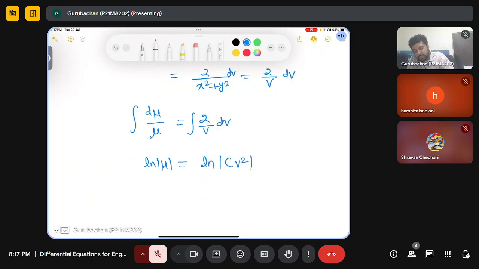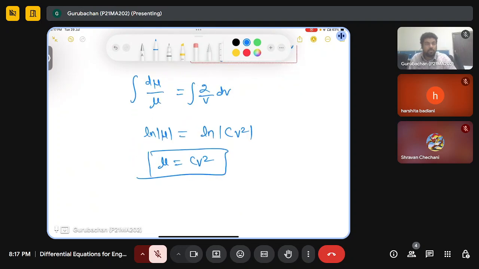I have skipped one step. That means mu is equal to c v square. And since c is an arbitrary constant, v square, 2v square, 3v square, all are integrating factors. So for simplicity, I will take mu equal to v square as an integrating factor.